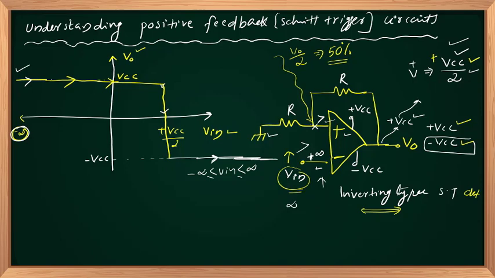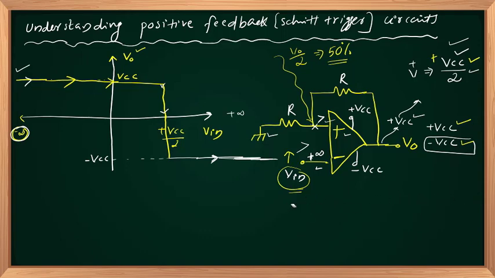Now suppose the other condition, that Vout is at minus VCC initially. If your Vin is at plus infinity initially, a large positive value at the inverting input, the output should be negative.